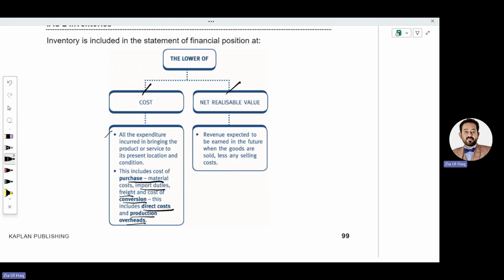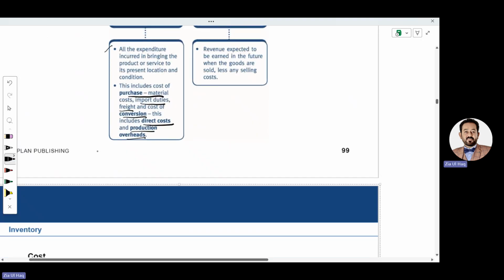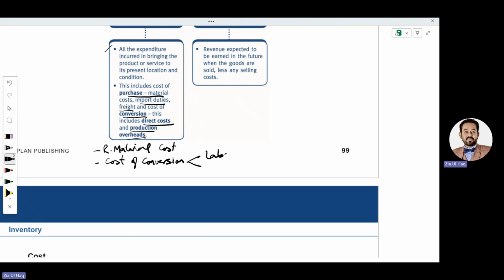So cost includes raw material cost, including import duties and freight, and cost of conversion. What is cost of conversion? Labor plus overheads. Overheads mean expenses. What kind of expenses? Production expenses.